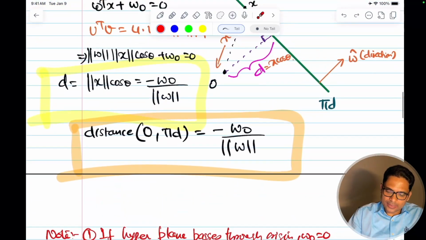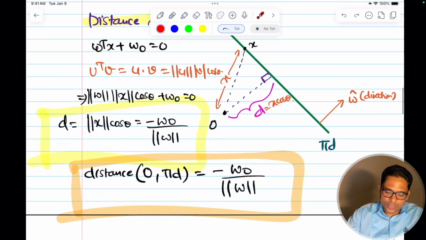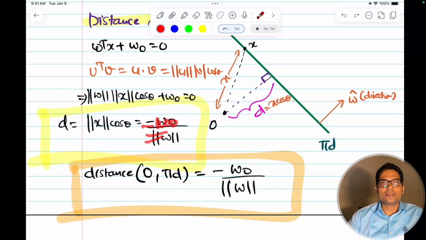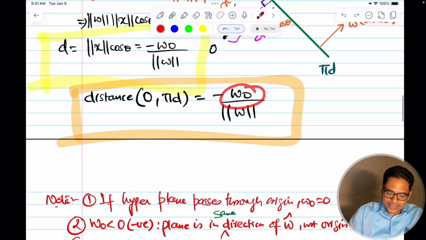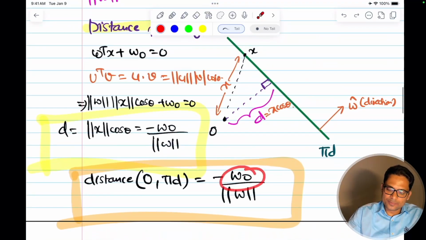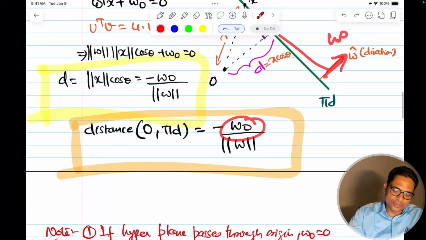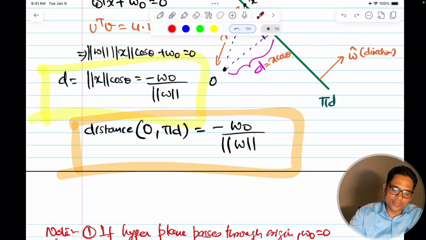And then we found where the hyperplane lies with respect to the origin, using this minus w naught parameter, given the direction of my unit vector. If w naught is negative, then the plane is in the same direction as the unit vector with respect to the origin. If the unit vector is pointing this side, then my plane will be on this side.